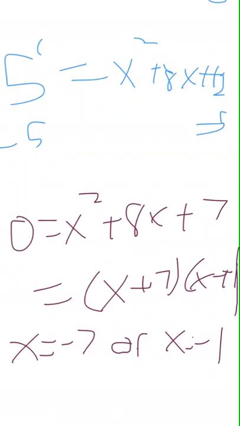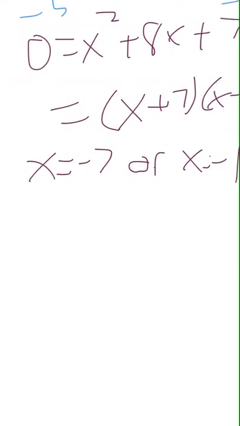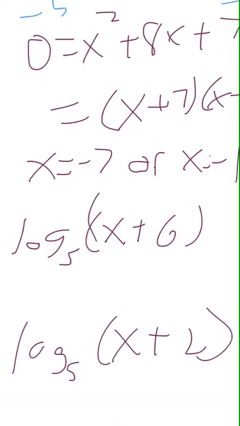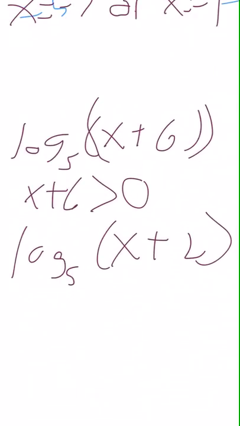However, to determine if they both work, we need to look back at our original logarithm. Remember how we had log base 5 of x plus 6 and log base 5 of x plus 2? The inputs have to be greater than 0, which means x plus 6 has to be greater than 0, and also x plus 2 has to be greater than 0.